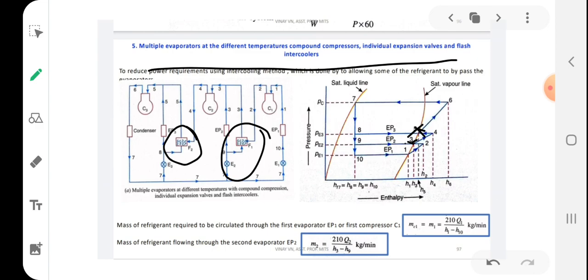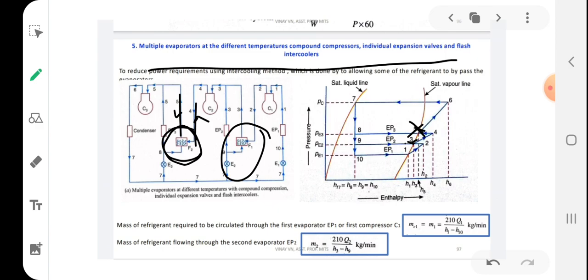So I'm not going to explain it more. The basic working is similar to the case we studied in the fourth type. Hope you have understood that working. Using a flash intercooler means there will be a heat exchange between these two streams, so more desuperheating will take place.